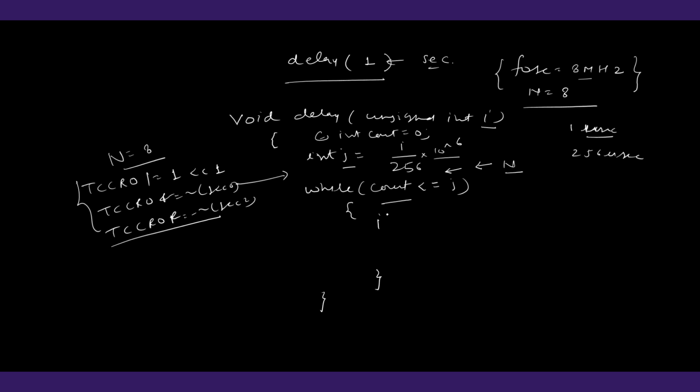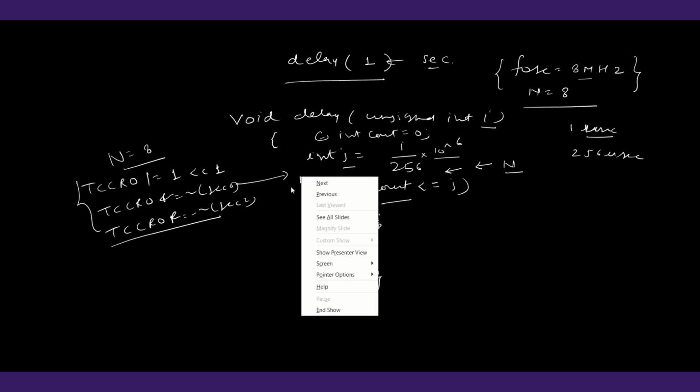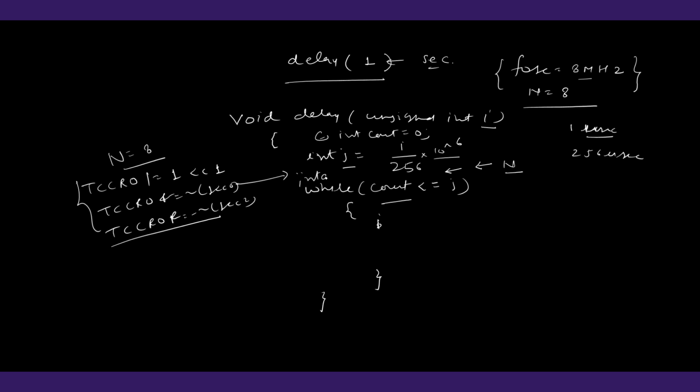Let me define a variable here: int a = 0. So a = TIFR & (1 << 0).